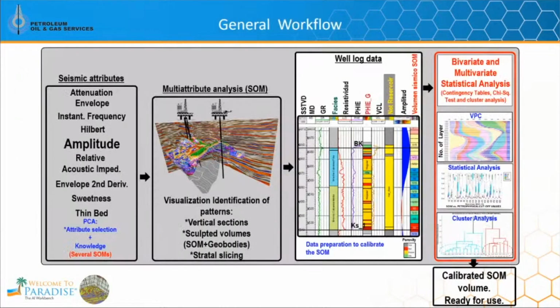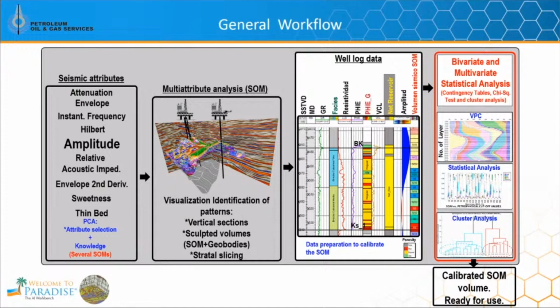In this slide, I want to show you the general workflow that we commonly use. The first box at the left implies the selection of several attributes that are useful to detect lithological contrast.